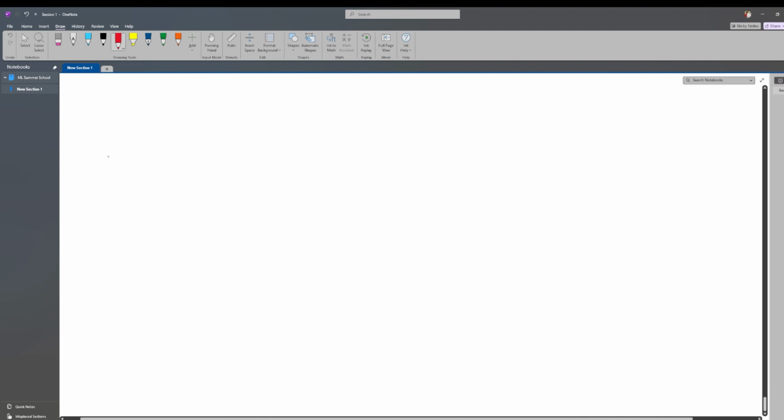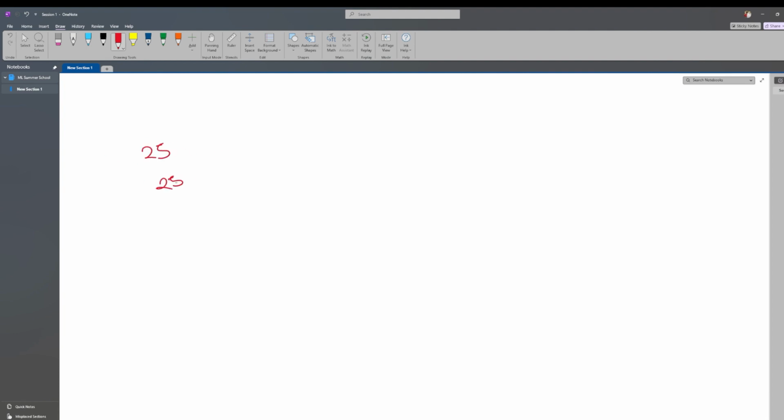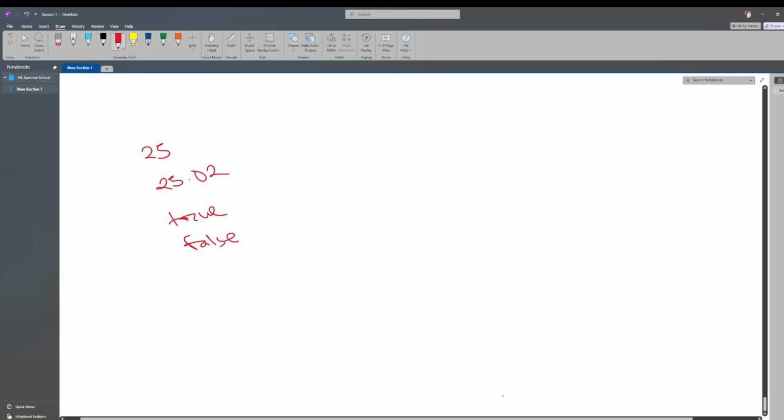If 25 is an integer, when we add 25.0, 25.2, whatever it is, these are floats. We have a decimal point. And booleans are basically true, false. These are the things called boolean and so on. These are the things we can use.